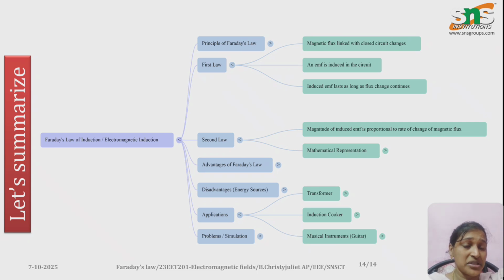The second law is that the magnitude of induced EMF is proportional to the rate of change of magnetic flux, and we have seen its mathematical representation also. Then we discussed the advantages and disadvantages, the applications of Faraday's law, we saw the simulation of Faraday's law, and finally we solved a few problems regarding Faraday's law.